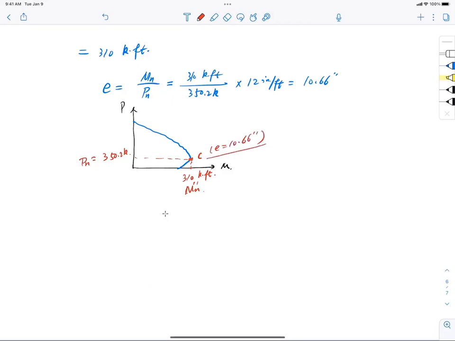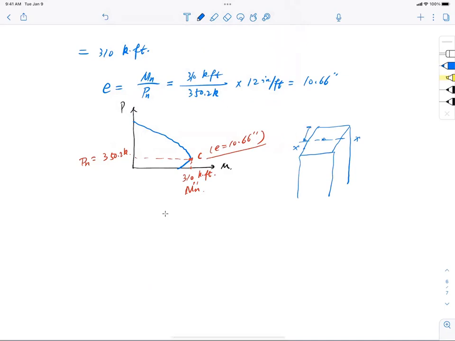So what is this 10.66 inches? That means if you go back to the cross-section view of the column, I'm drawing the column here, and this is my x-axis. So 10.66 means that it is away from the neutral axis by 10.66 inches.